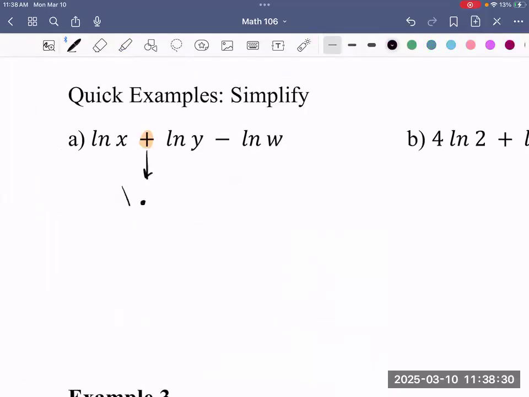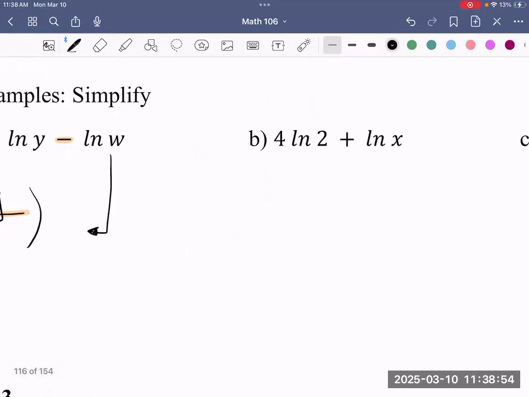So we're multiplying x and y. We also have division here, or subtraction, which is going to turn to division. So that w comes down. And we are doing one logarithm, so that would be just one of these ln's.